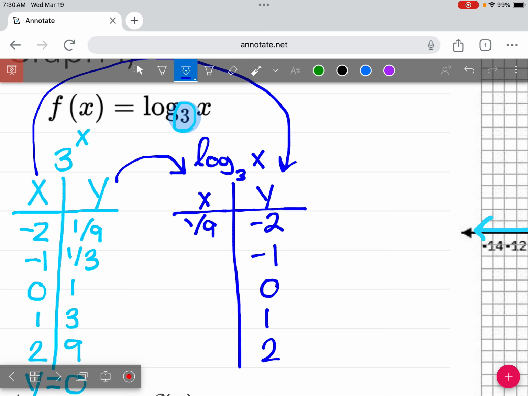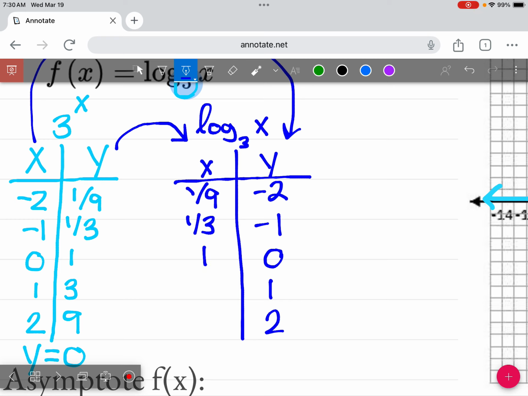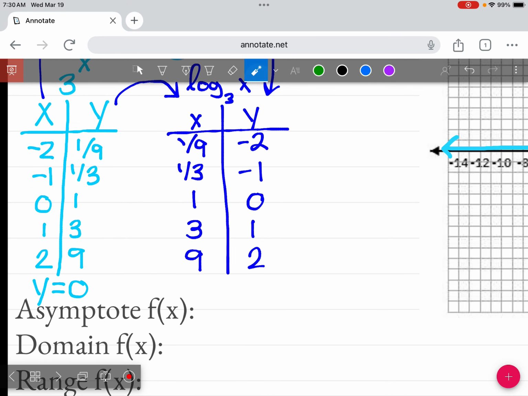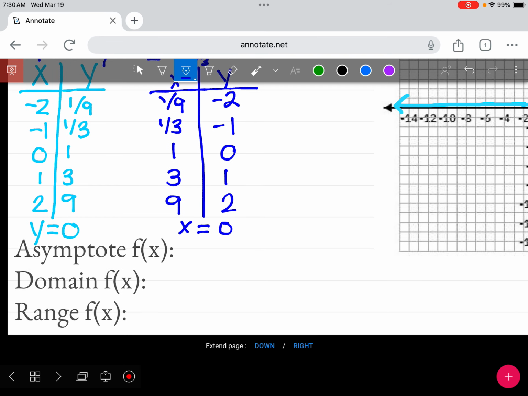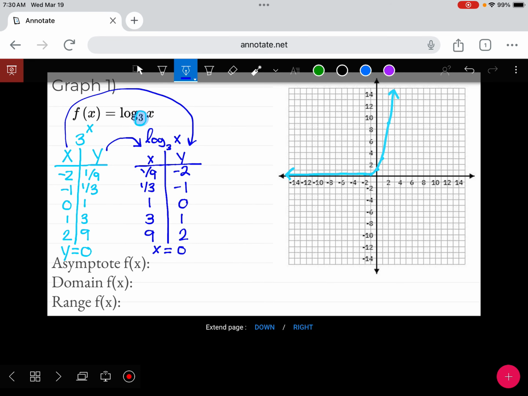So we have our 1/9 in the x's, my 1/3, 1, 3, and 9. And what was a y on our asymptote becomes an x. So our asymptote is going to be at x equals 0. Just like on our exponential function our x-axis was our asymptote, now it's going to be our y-axis that's our asymptote for the log.